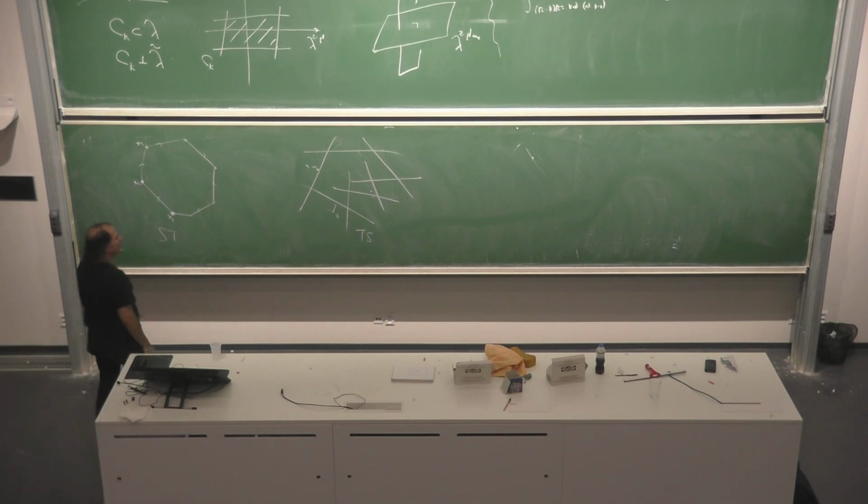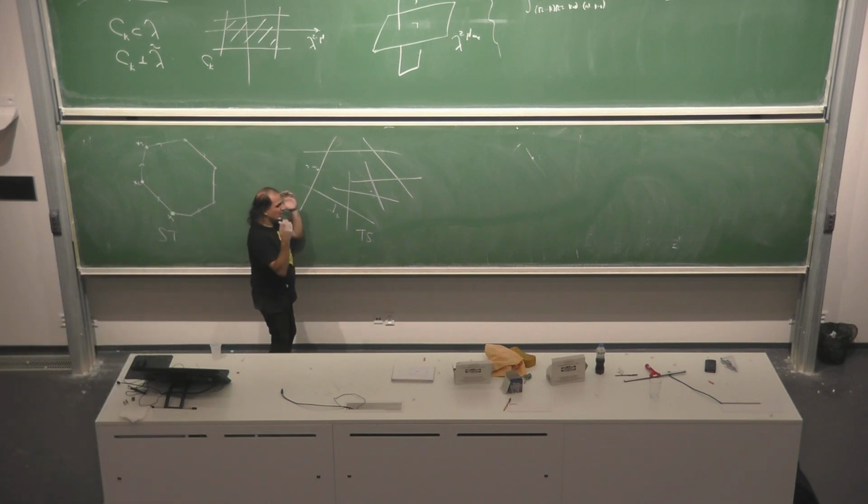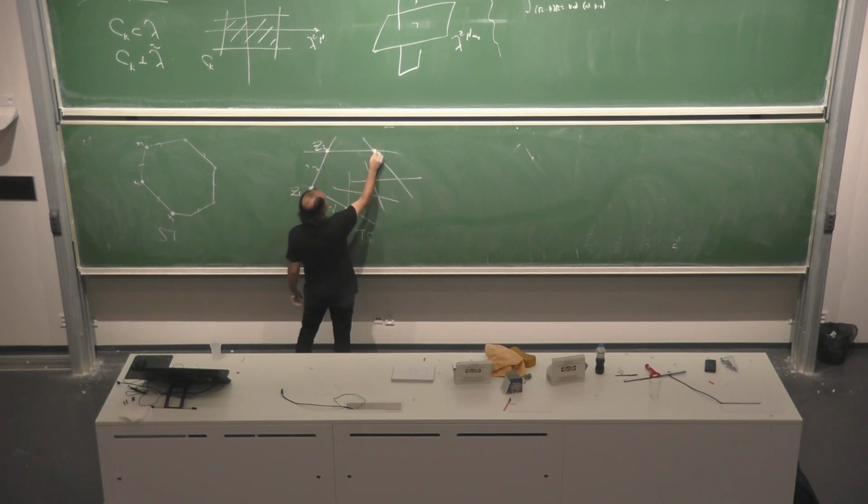But here's the spectacular thing. You can completely reconstruct this picture simply by specifying these intersection points. So let's call this Z1, Z2, Z3, and so on.